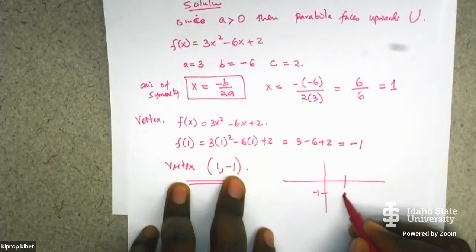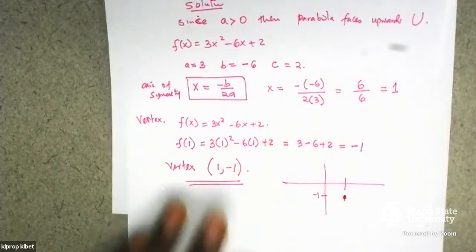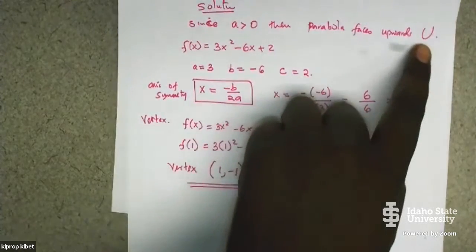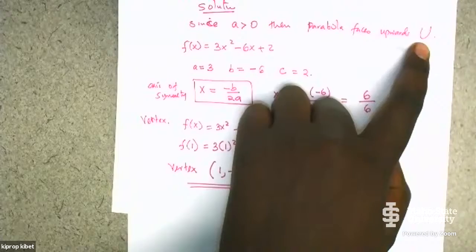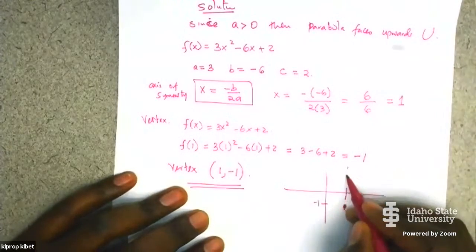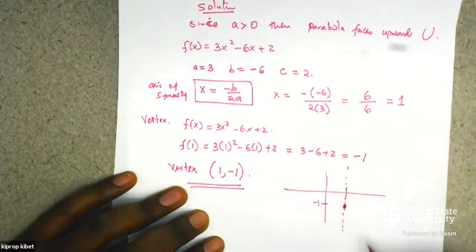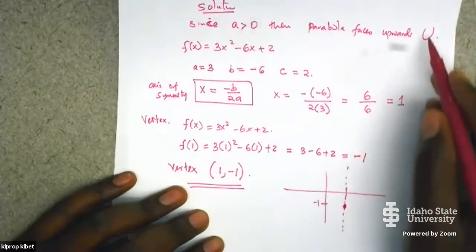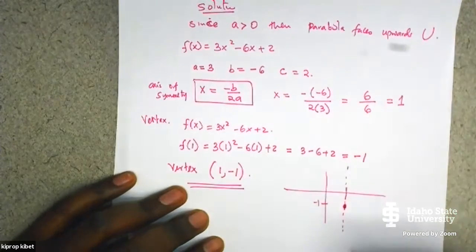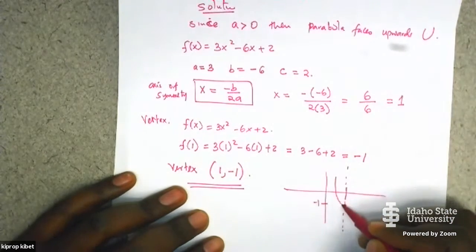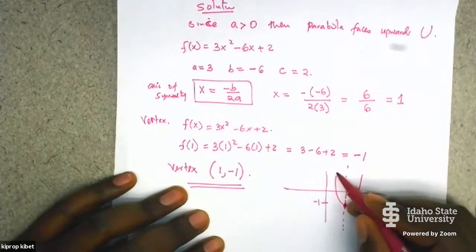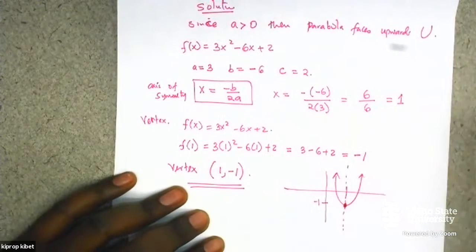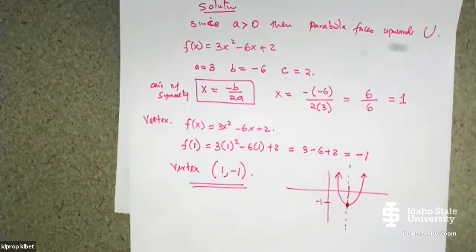Let's take that point as the turning point. This is the axis of symmetry, so it passes through that point, and the parabola is facing upwards.